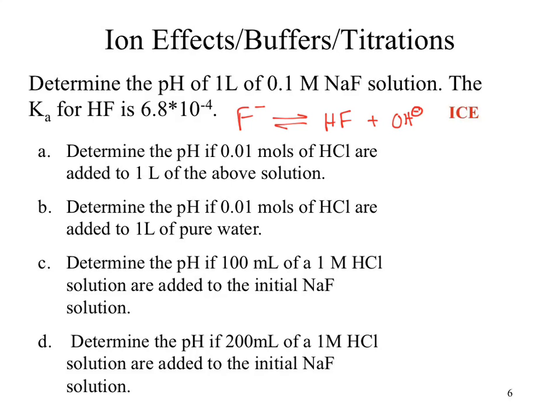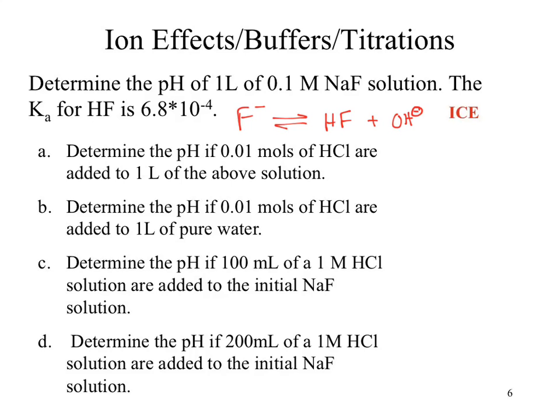We could add hydrogen. So we add an acid. And in the process of adding that acid, the acid reacts with the base, causing an equilibrium shift. That equilibrium shift now increases the concentration of HF.